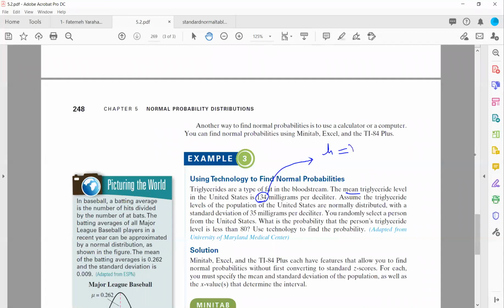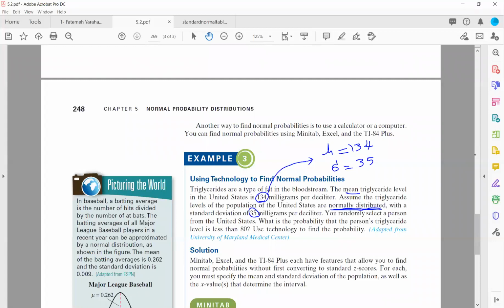Assume the triglyceride levels of the population of the United States are normally distributed. It assures us we have a bell-shaped graph and we can use the Z table, with a standard deviation of 35. So the standard deviation is also given.